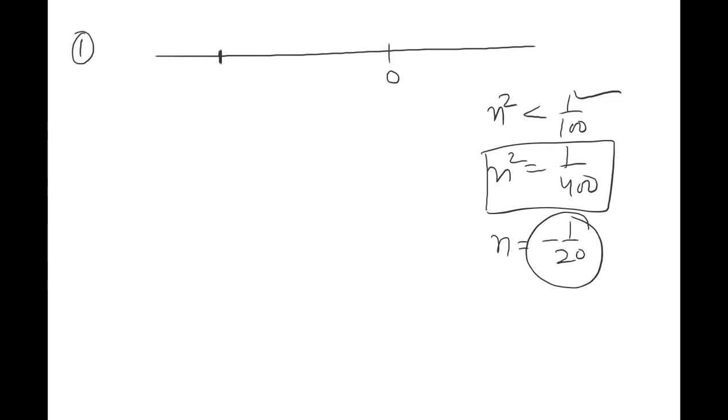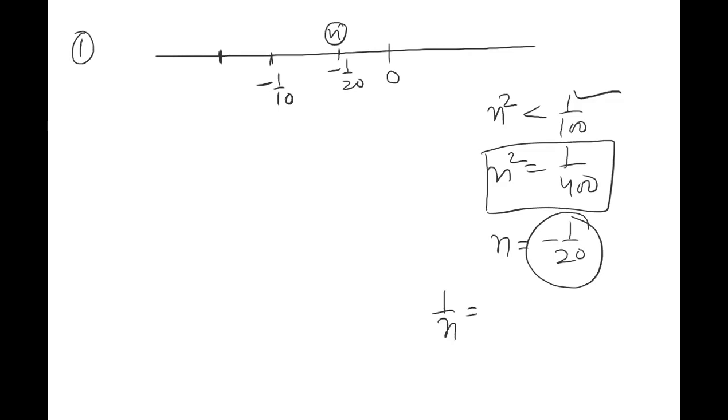So let's say this is n. Negative 1 by 20. This is negative 1 by 10. Till now, is that okay? And the question is the reciprocal of n.